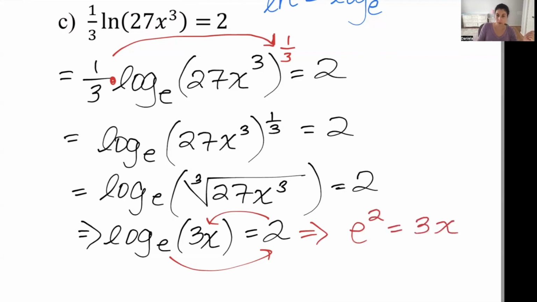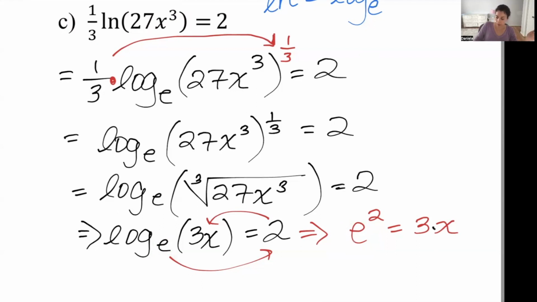Remember that when we convert between logarithmic and exponential, the base of the log is e. That should always match the base of the exponent. So notice that both of those bases are e. Now, it's not asking us to round to the nearest tenth or whatever, so you don't want to put e squared on your calculator.